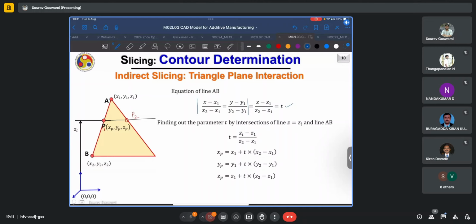Given that the value of zi is already known to us, we know the height of the slicing plane, we can find this parameter t. Once this parameter is found, we can back substitute it and find the x and y coordinates of the points. The z coordinate, of course, will be by default equal to the height of the slicing plane, as is well known.